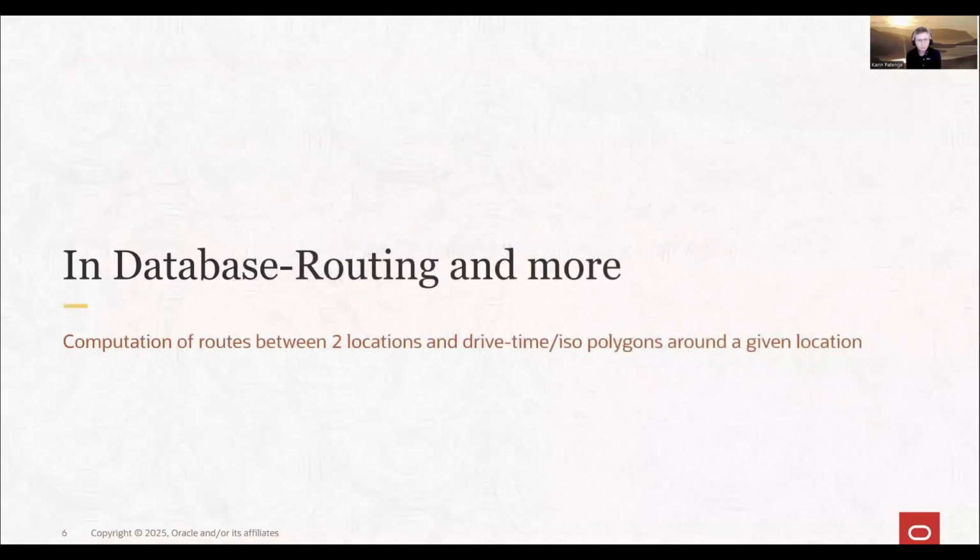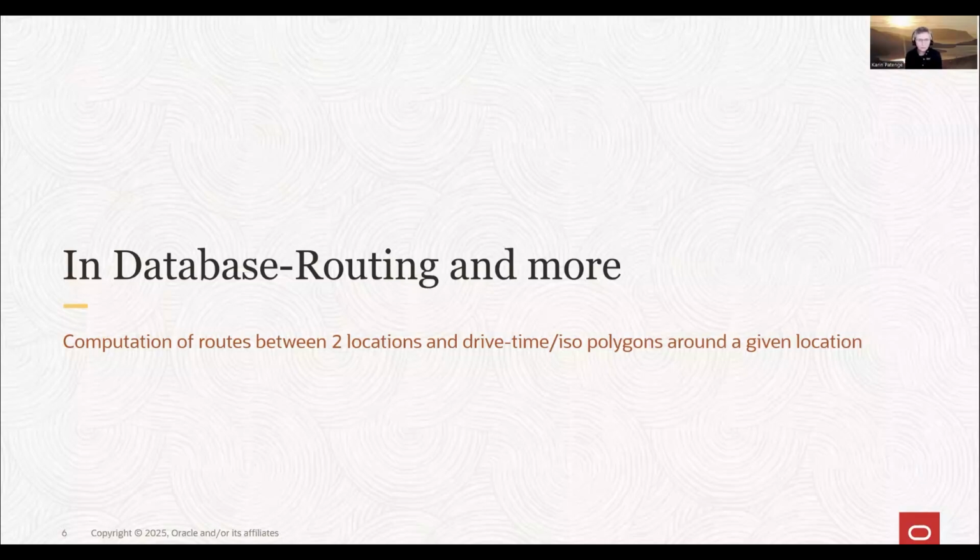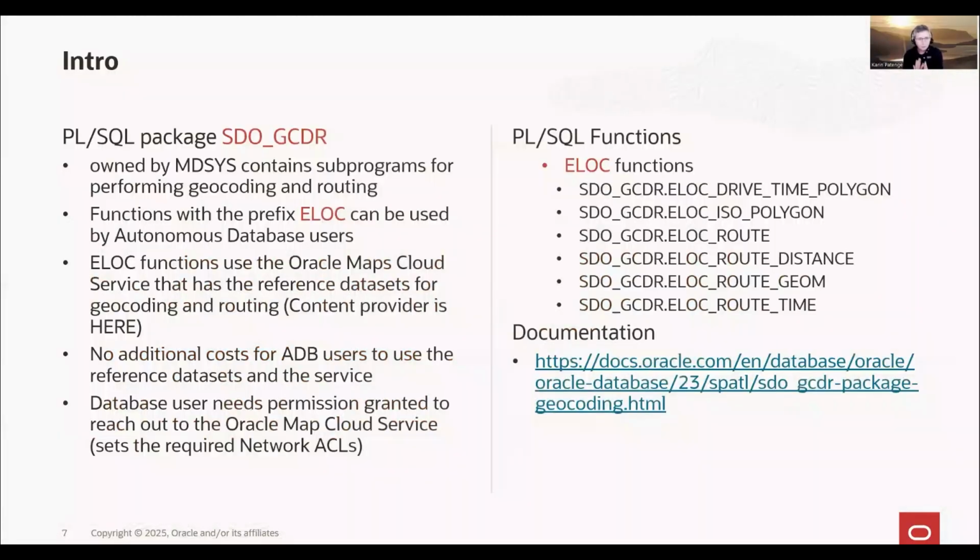As already said, we want to look at the extension of the geocoding and routing functions inside the Oracle database, and specifically inside the autonomous database, since we will be talking about functions that are specifically available for the autonomous database. For the intro, we are talking about the PL/SQL package SDO_GCDR.